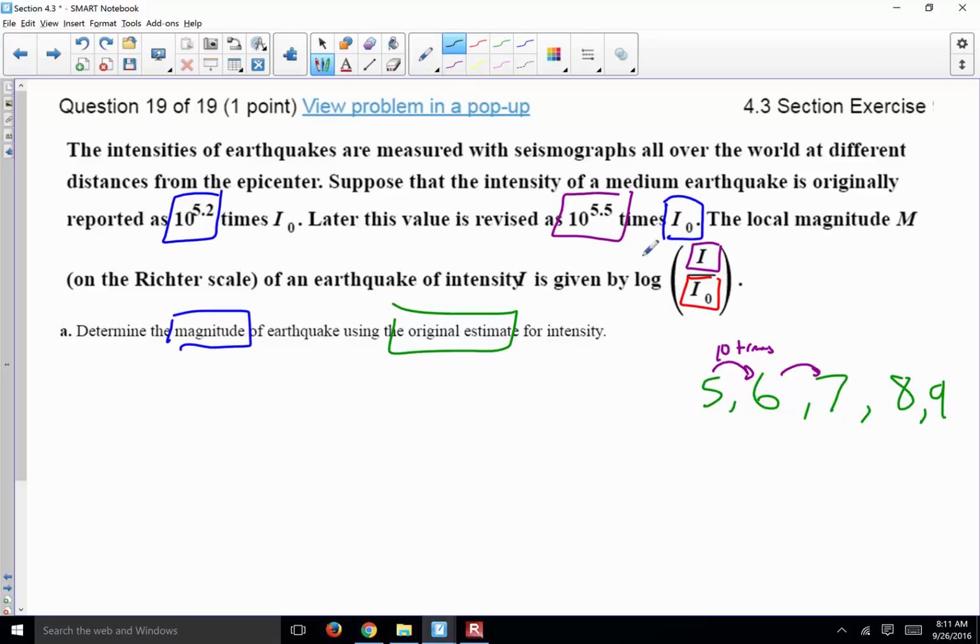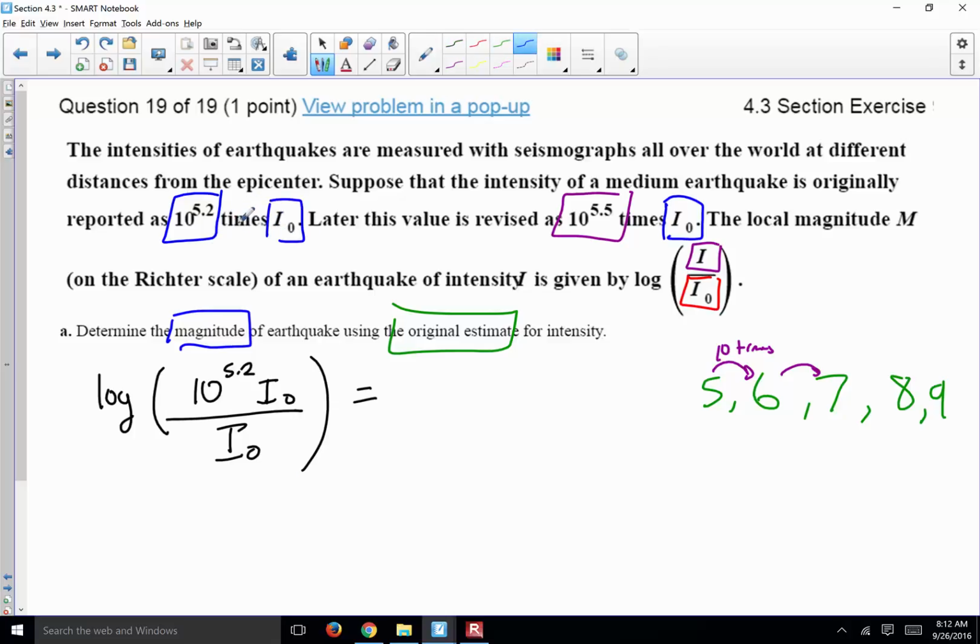So we are going to first compute the logarithm of 10 raised to the 5.2 times I0 over I sub 0. Again, the original measurement was 10 raised to the 5.2 times I0. This is the measurement your device gave you at that moment.